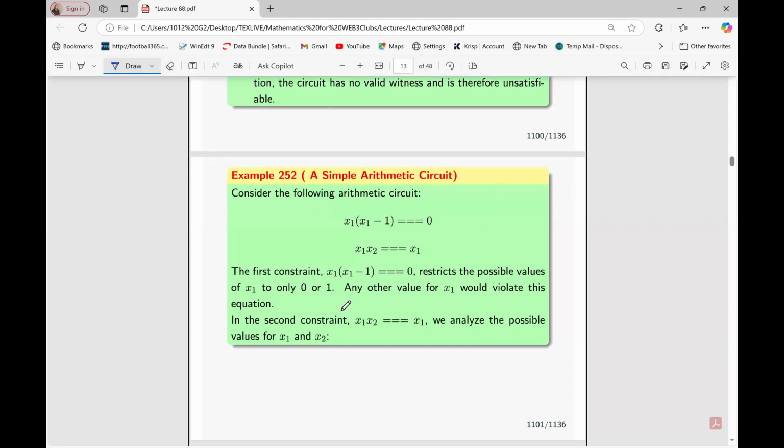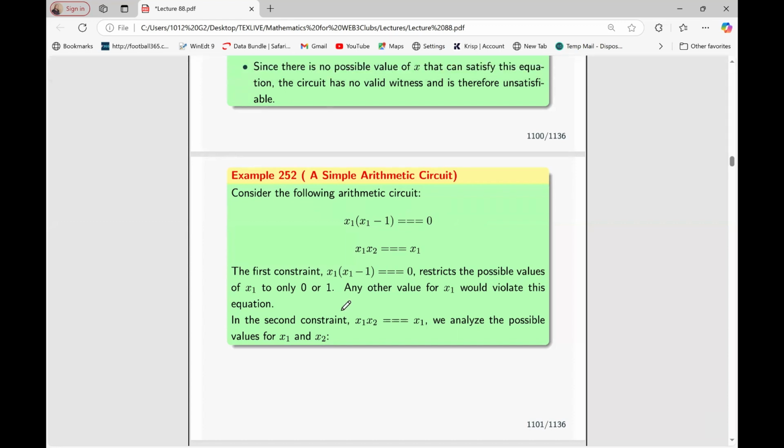What are the possible values of x1 the prover can provide here? Using the first equation, the possible values of x1 could be 0, and x1 could also be 1 when you equate this to 0. So x1 is supposed to be 0 or 1.